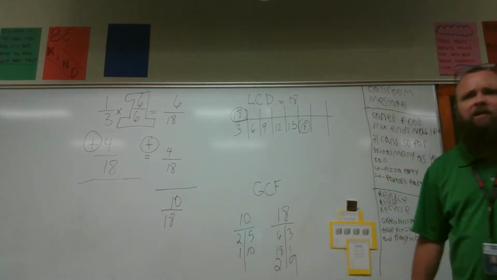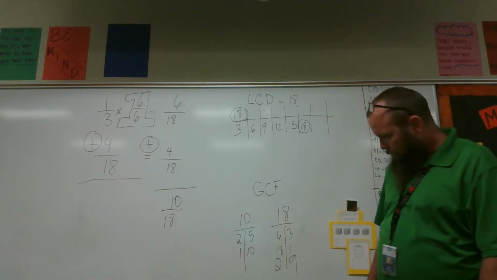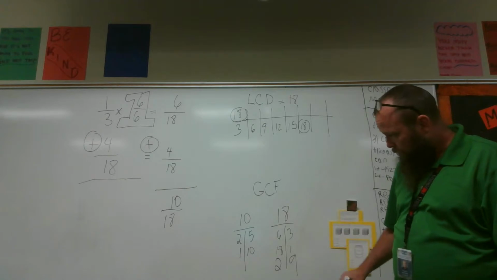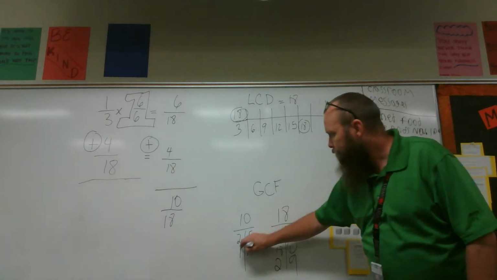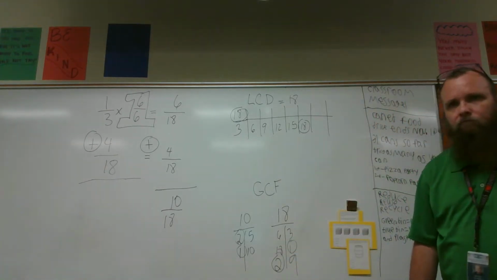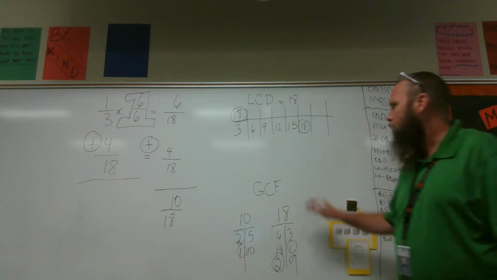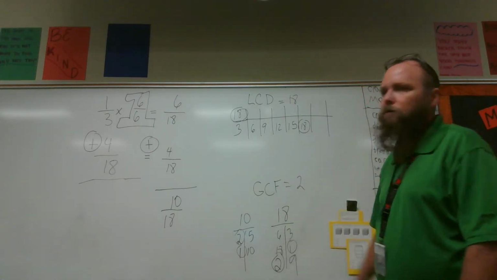Good. Tucker, tell me what they have in common. A 1 and a 2. That's all. You sure? Yeah, that's right. Greatest common factor is 2.